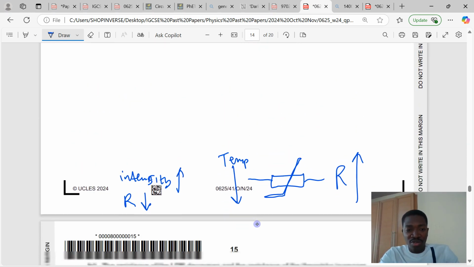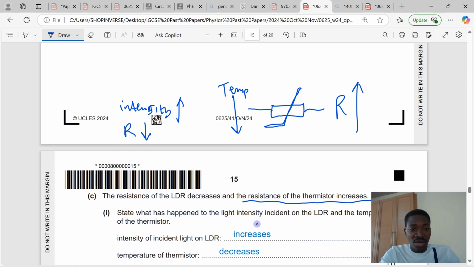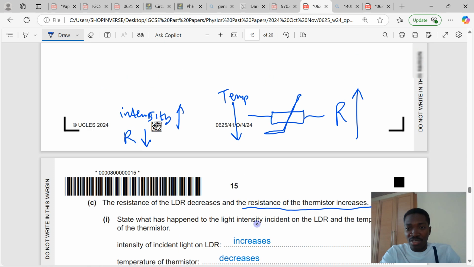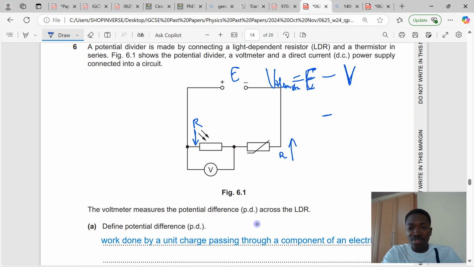The resistance of the light dependent resistor decreases, and the resistance of the thermistor increases. What happens? Don't forget that this component of the circuit works as a voltage divider, and the voltage divider works based on the ratio R1 over R2 equals V1 over V2.